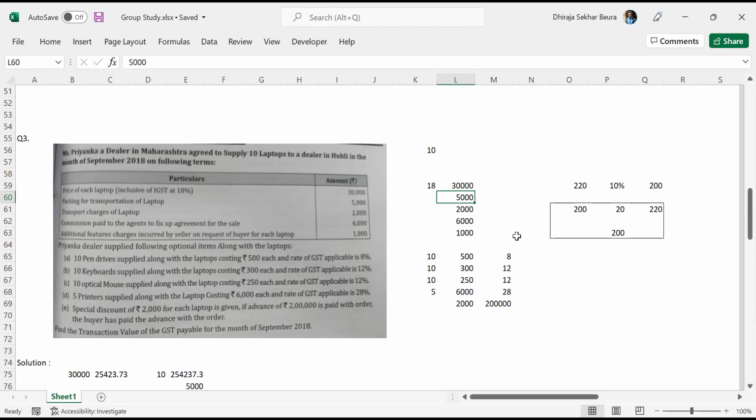On laptop 28%, pen drives 28%, keyboards 28%, optical mouse 28%. Whereas the actual rates applicable are 18, 8, 12, and 12. Unnecessarily, we are paying extra.